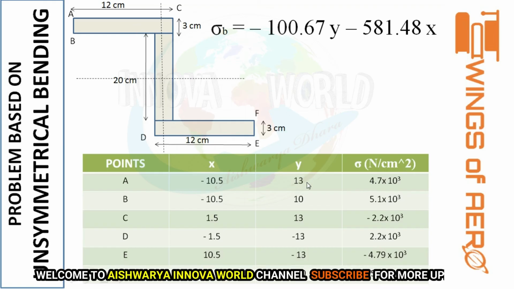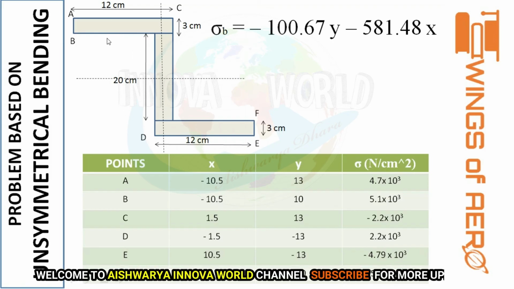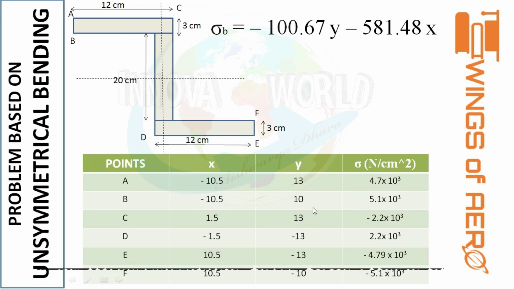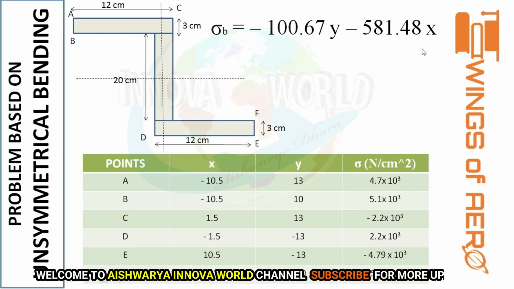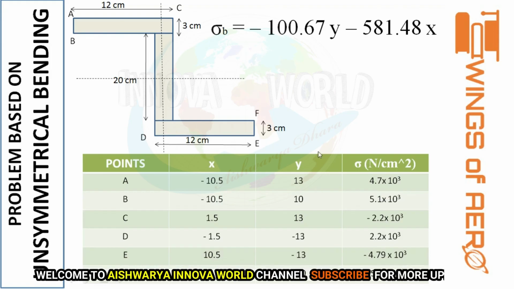So from the previous one just subtract the 3, or you can easily find that if this is 13 and this is 23, this distance will be 10. So you can find each one like this. For each coordinate value x and y, the sigma b will vary at each individual point, so you need to apply the coordinates for individual locations.